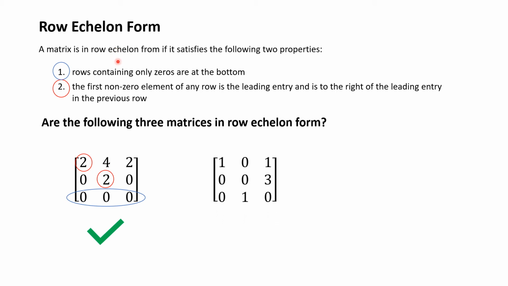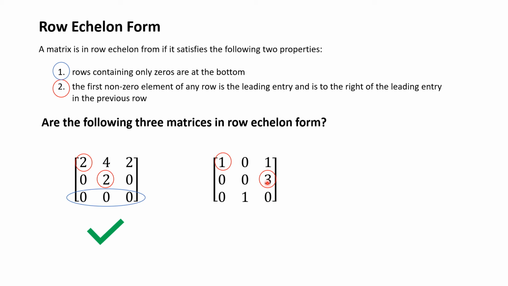Let's look at another example. There are no rows consisting of only zeros, therefore we don't need to worry about this first condition. But now let's look at the second condition. We can see that the leading entry for row 1 is this coefficient 1 here, and the leading entry for row 2 is this 3.